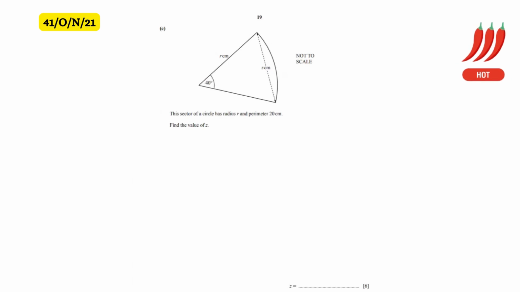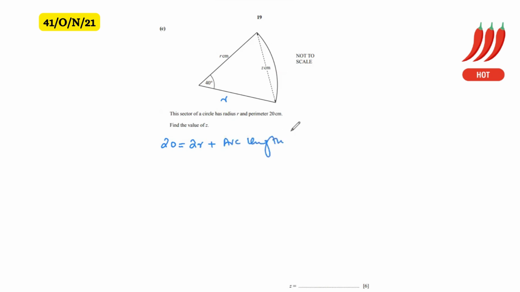Part C says this sector of a circle has radius r and perimeter of 20 centimeters. Find the value of z. So if this is r, this is also r. And perimeter is basically 2r plus arc length.